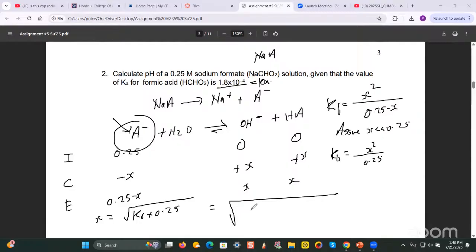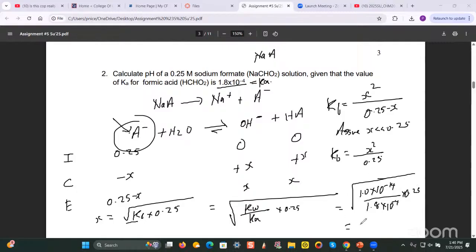Kw divided by? We're trying to find Kb. So Kw divided by Ka. Ka, exactly. Multiplied by 0.25, right? So this works out to be the square root of Kw, which is 1.0 times 10 to the minus 14, divided by Ka, which is 1.8 times 10 to the minus 4, times 0.25, and we need to work that out.